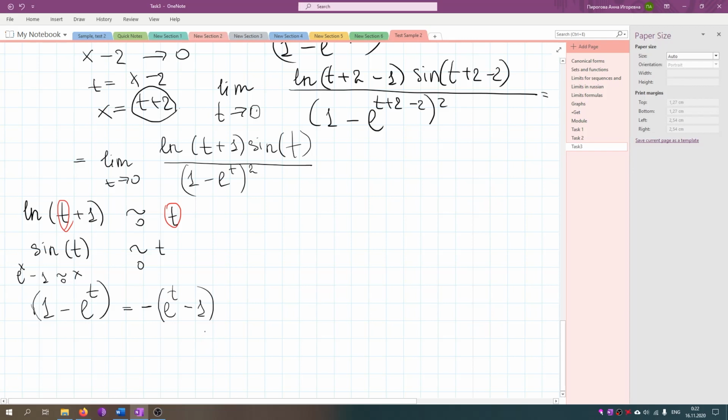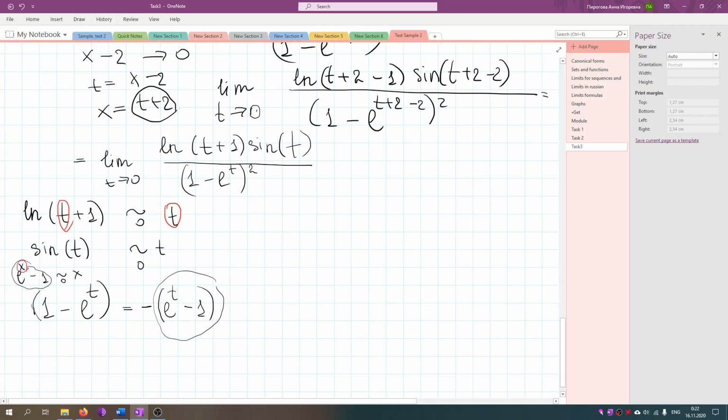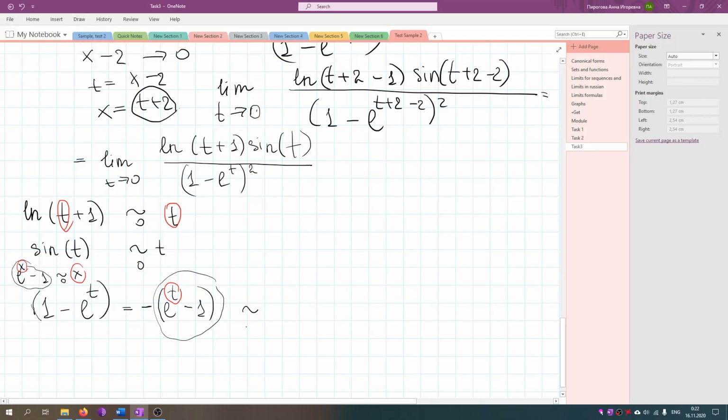And now you can see that this is very similar to this. Our argument here is x, and our argument here is t. So this means as an answer we will get t and minus before this.